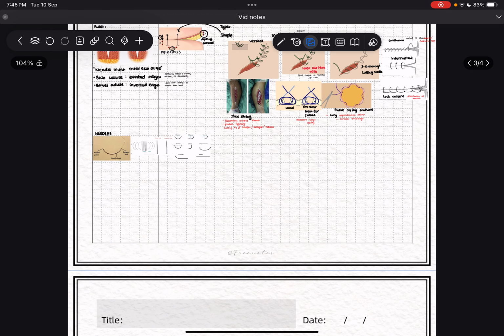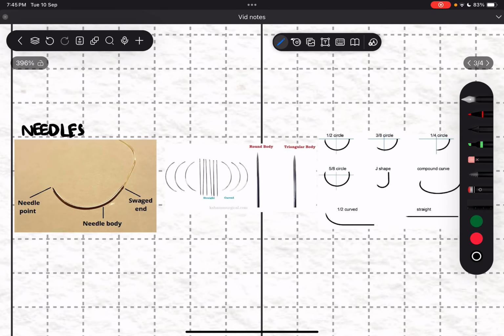Having brought the images for the needles, let us have a look at them. When it comes to needles, there may be two types, either a round body needle or a triangular body needle.